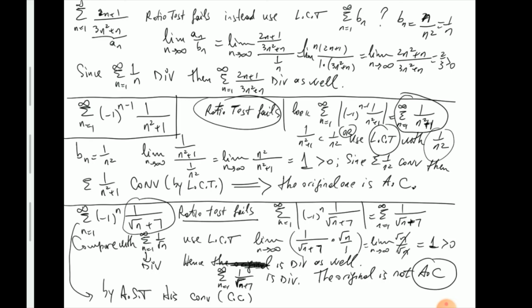So before I move on to the next page with the root test, again, let's review these two examples. We started in both cases with an alternating series. In both cases, the ratio test failed. Then we could look directly at the series with positive terms. And then for that, we use the limit comparison test. In the first case, we had convergence, and then game is over, right? Because if it's absolutely convergent, then the original is convergent.